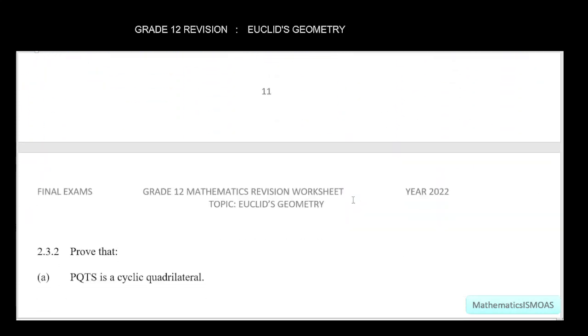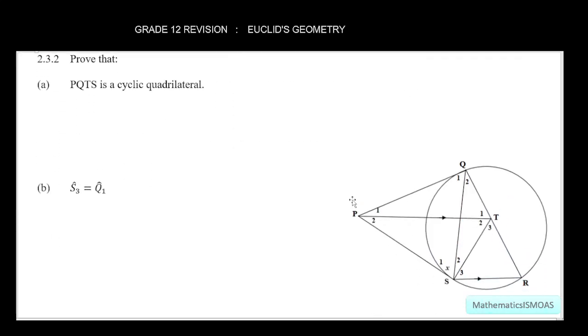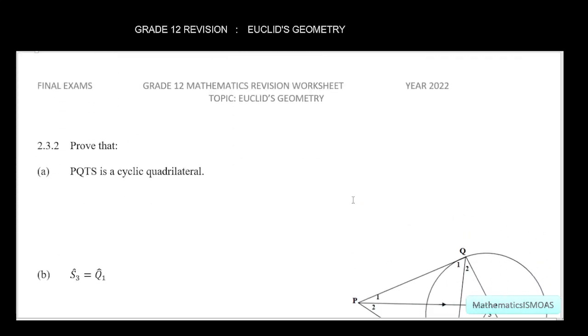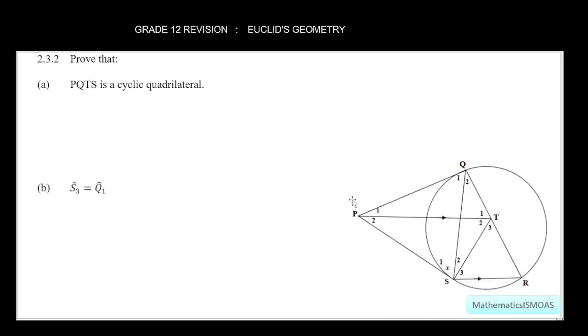Okay, now question 2.3.2. Let's just write down the sizes of the angles that we have now calculated. Q1 is X, T1 is X, S1 we were given is X. We also calculated that angle R will also be equal to X. All right.